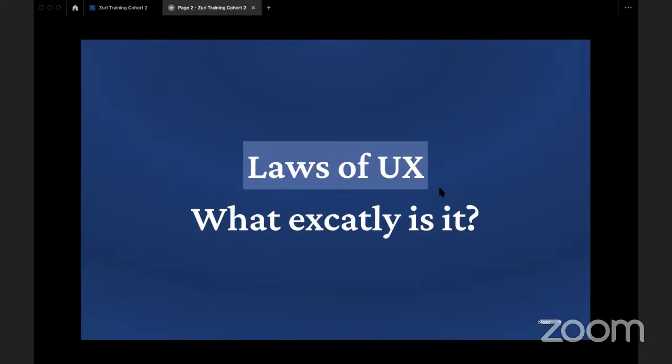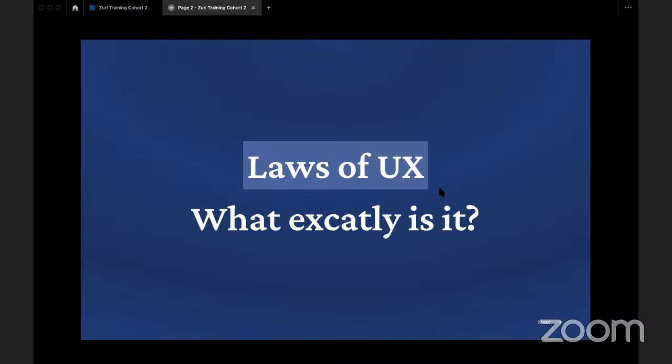Okay, Jonah said the do's and don'ts of UX, the best practices essentially. And someone said laws of UX are just the rules, or let's say guidelines you follow in designing a UI interface. Nice.